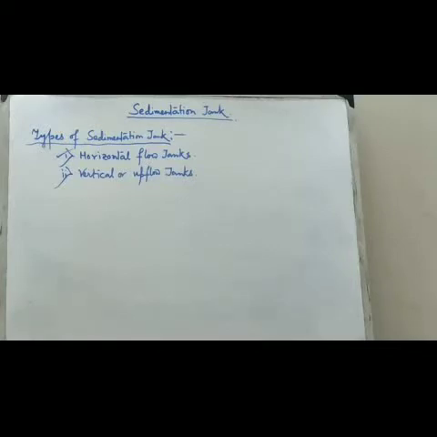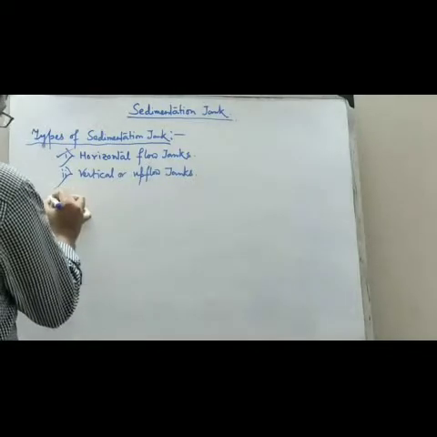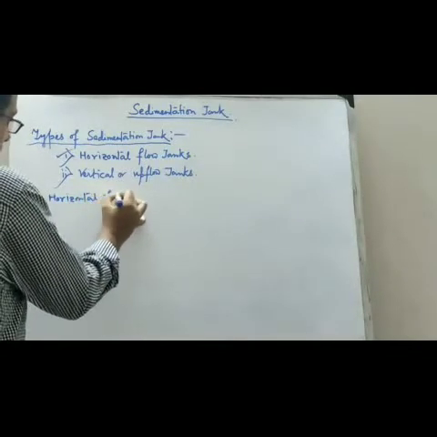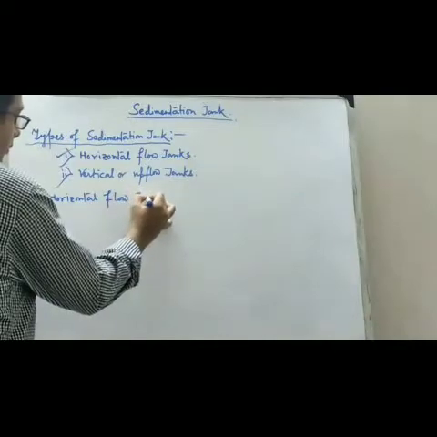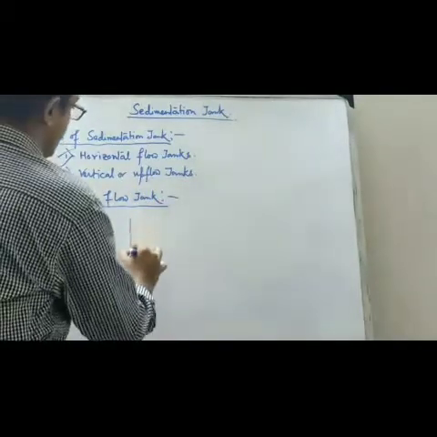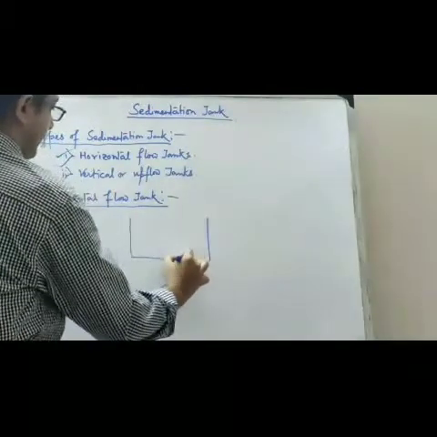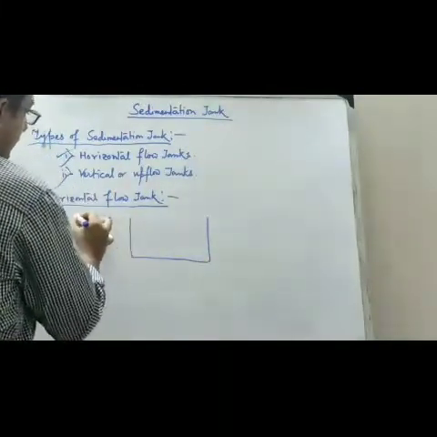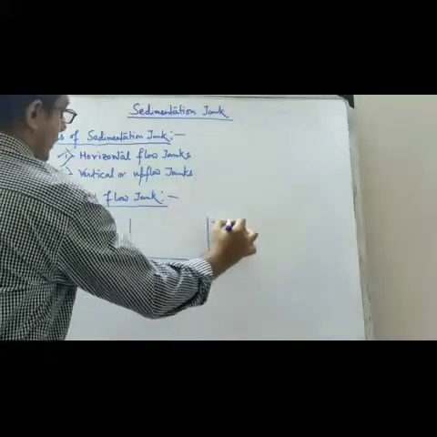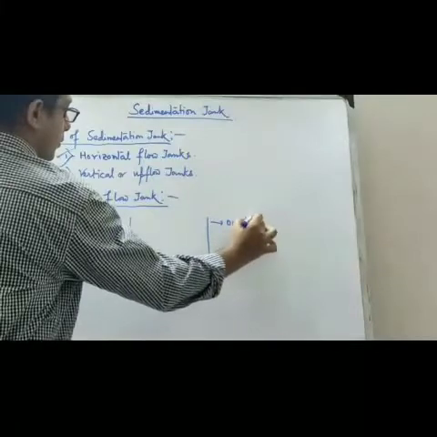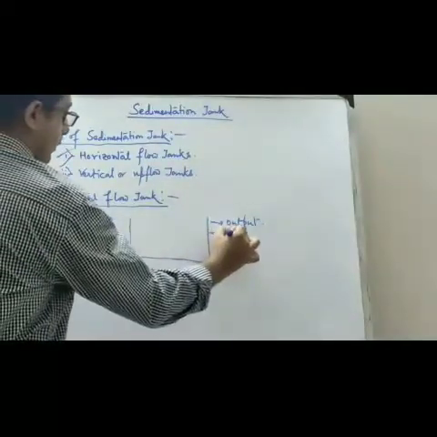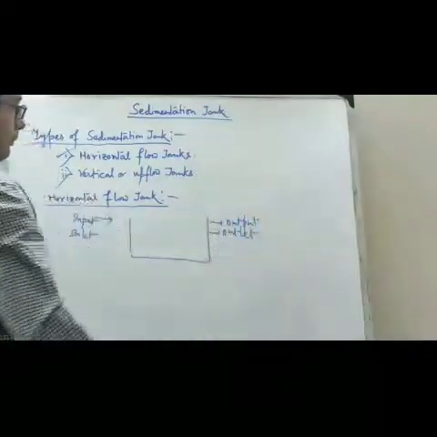So please write down horizontal flow tank. Suppose this is a sedimentation tank. Here, this is the input and this is the output. That means it is inlet and it is outlet.